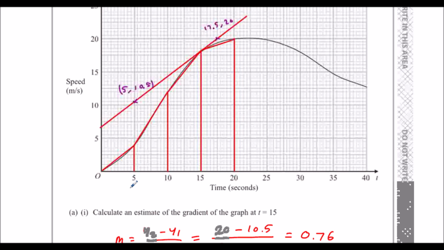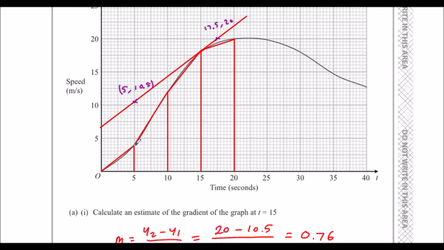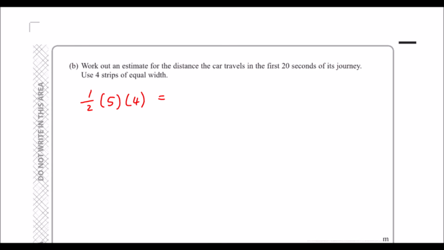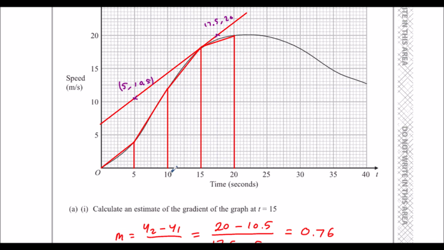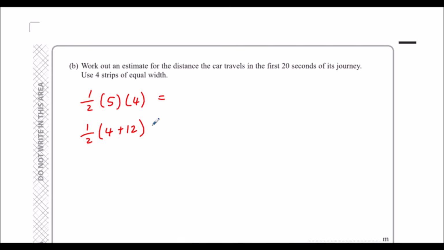The trapezium is half the sum of the parallel sides. So half of 4 plus 12 times the distance between them, which is 5. So it's going to be 5 for all of them.